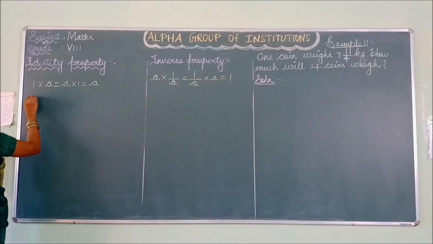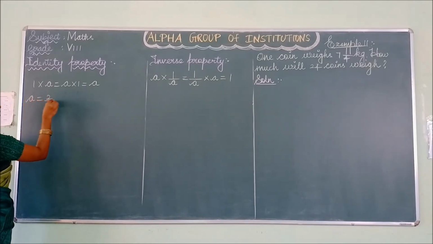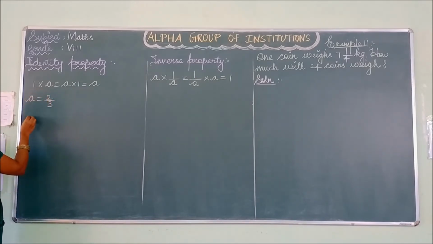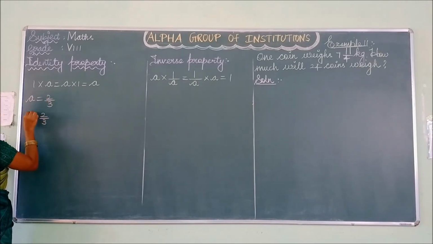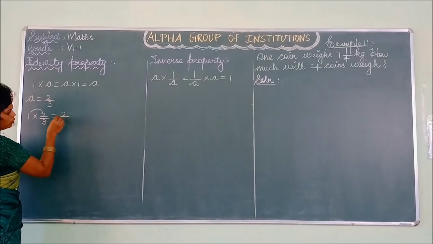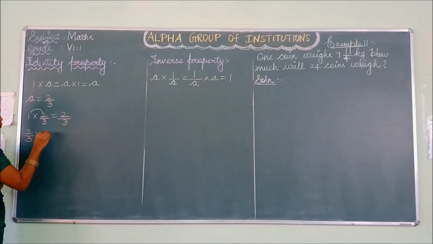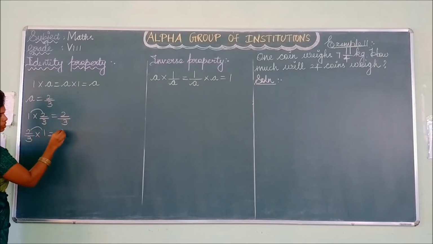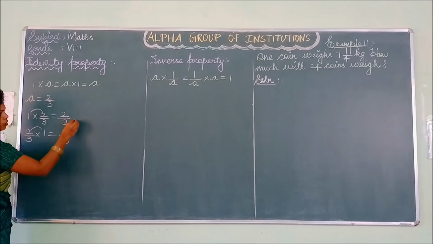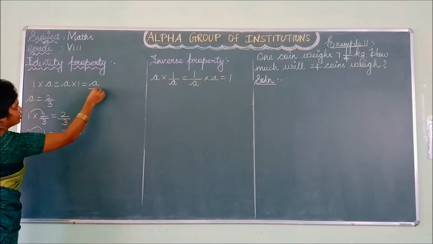So let us take A equal to 2 by 3. Applying this result, 1 into 2 by 3 is 1 into 2, 2 divided by 3. So again check A into 1. A is 2 by 3 into 1 is 1 into 2, 2 by 3.